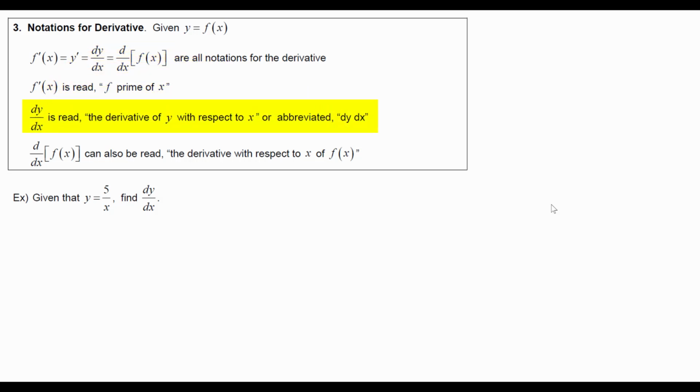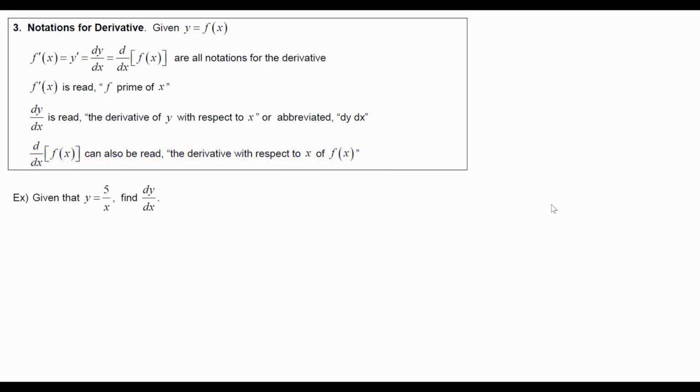You can see the fraction notation, dy over dx, which is read as the derivative of y with respect to x. So here, with respect to x, you know you are taking the derivative of this function y with respect to the x variable. And also, because y is f of x, instead of y you could put f of x in there. When we read that, we read it as the derivative with respect to x of f of x.